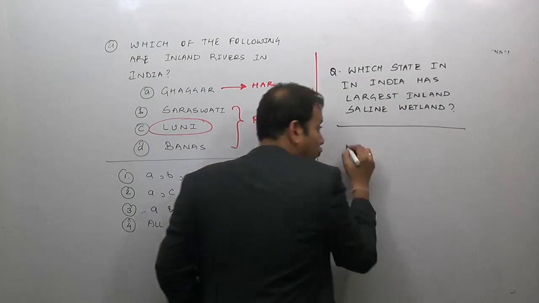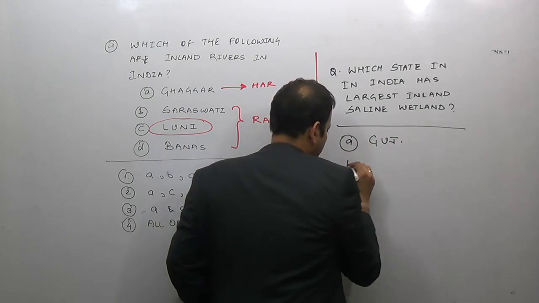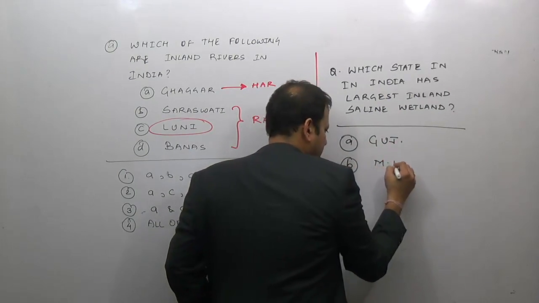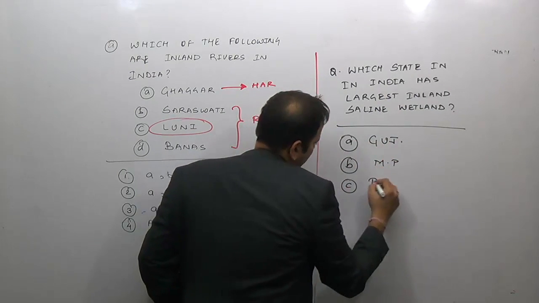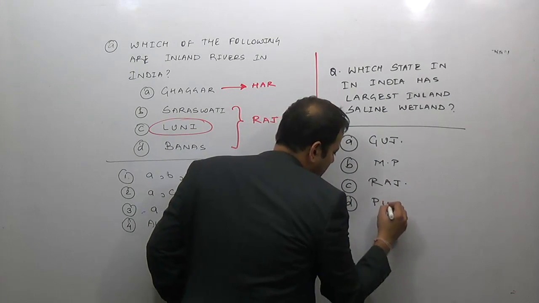And the options which will be given to you can be Gujarat, can be Madhya Pradesh, can be Rajasthan, or can be any state such as Punjab.